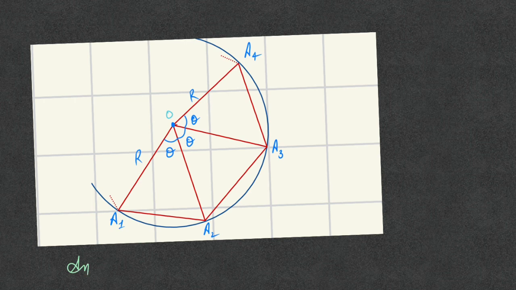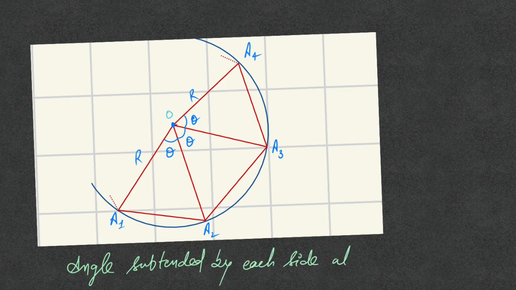Now the angle subtended by each side at center O is equal to 2 pi by 10, because the whole angle is 360 degrees, which is represented by 2 pi.